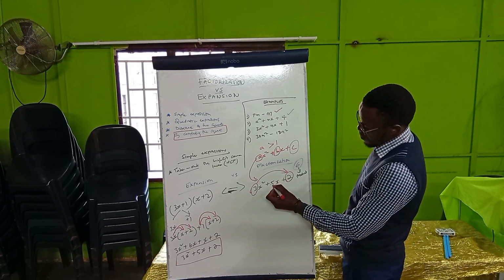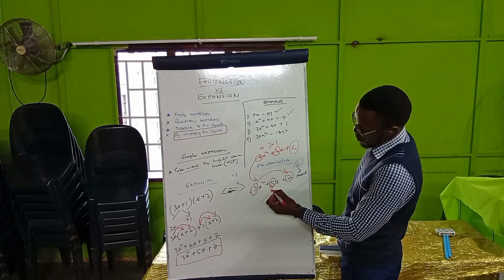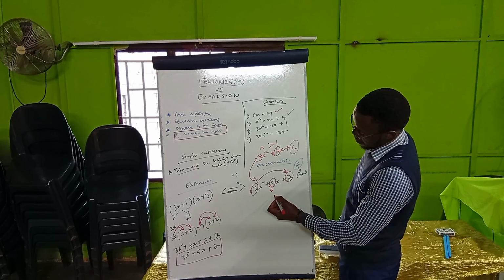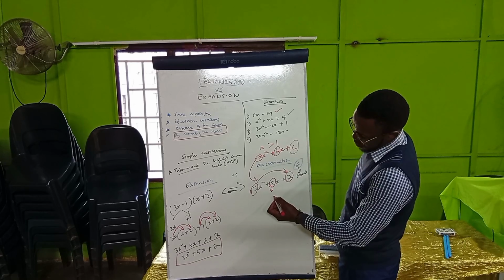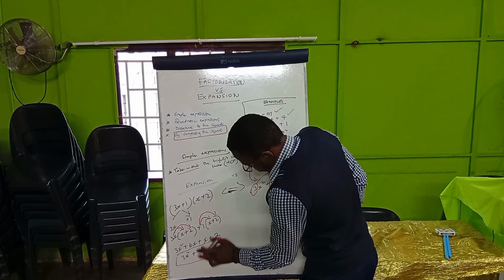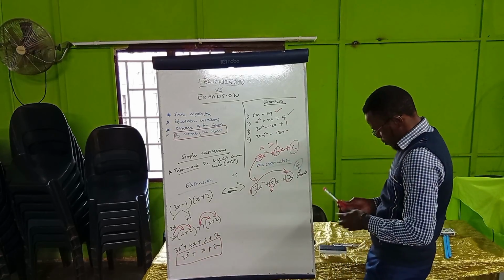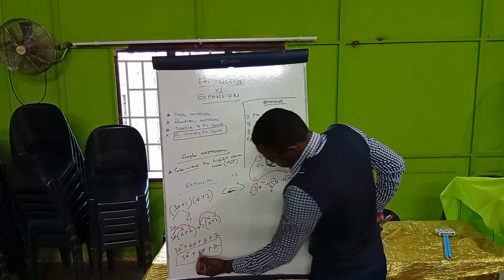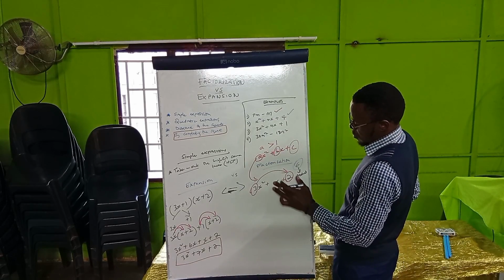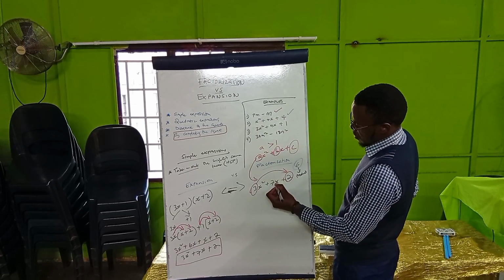Sum of 7. 6x plus 1x is 7x. Oh yes, thank you. This is supposed to be 7 because I did the subtraction. Thank you for noting that. So it's supposed to be 7 here.